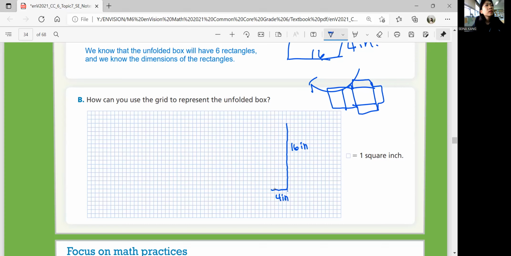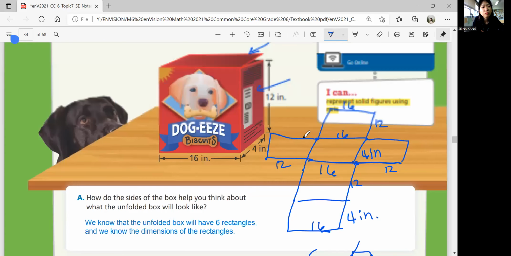Okay, that's 4 inches. Okay, that's the base. It's actually a very steep rectangle.